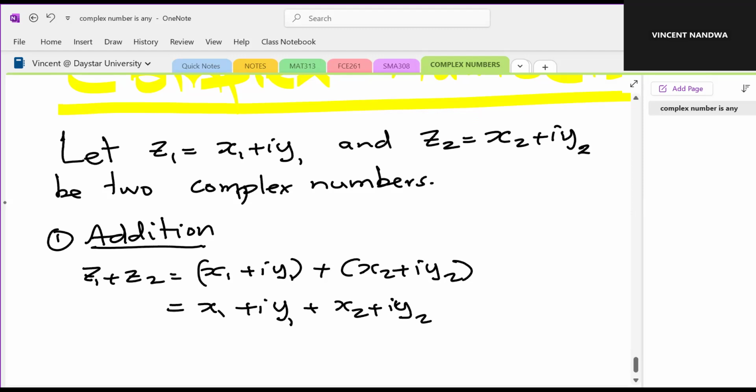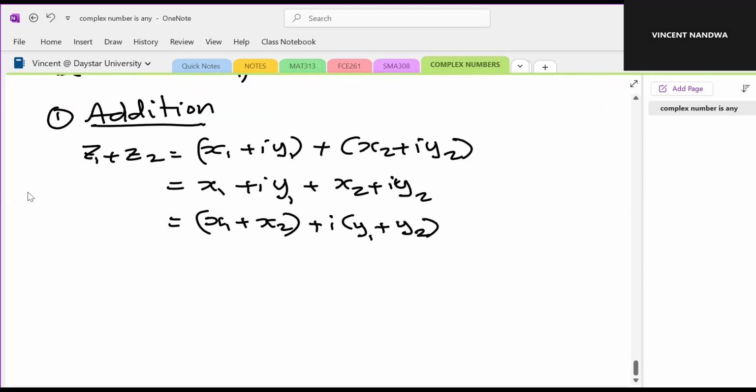Then you collect real terms and imaginary terms. So X1 plus X2, this forms our real part, plus i(Y1 plus Y2). This is how we get the sum of two complex numbers. And then subtraction, for difference.